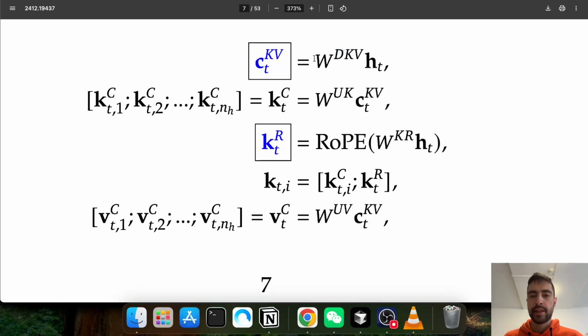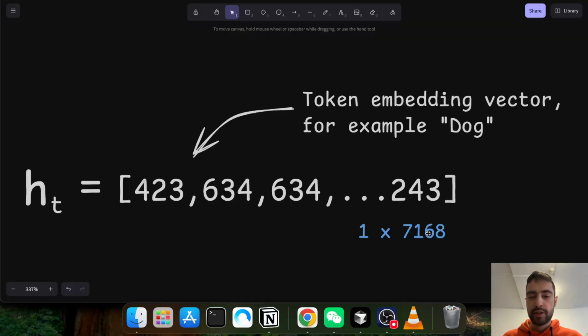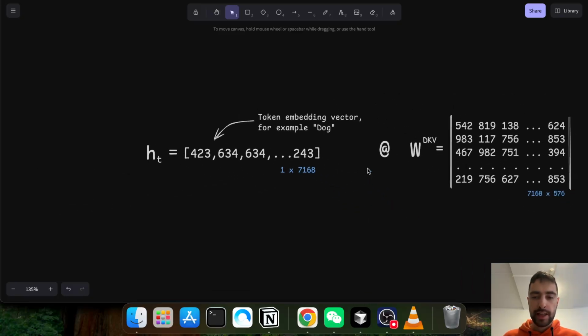That means that this matrix is trying to make this vector smaller, because this vector, we will use for future calculations that I will explain later. But we don't need to have this big, huge vector that has 7,000 numbers and has all of the information about this dog token. We can actually reduce this vector.